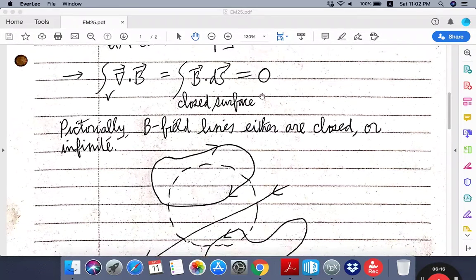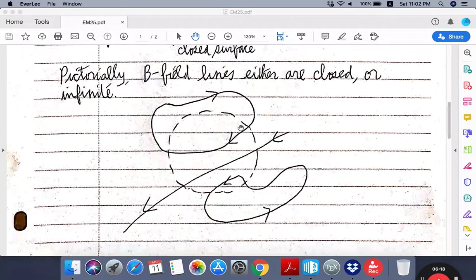Having no net flux implies that if a certain amount of magnetic flux enters a certain portion of the surface, then exactly the same amount of flux must also leave through the other side of the surface.